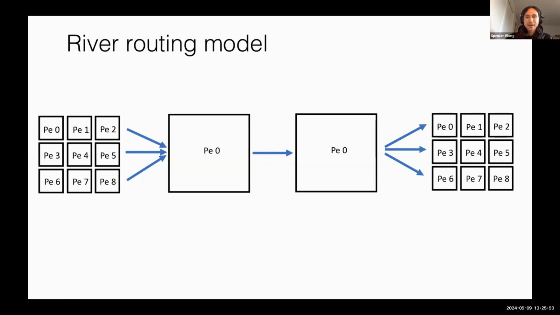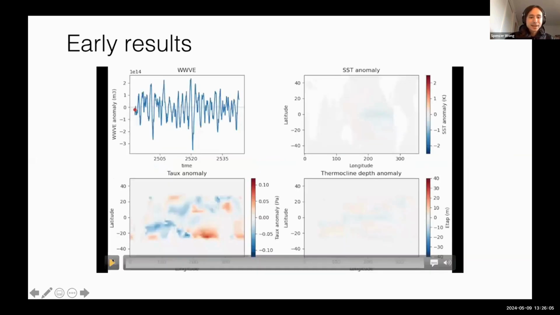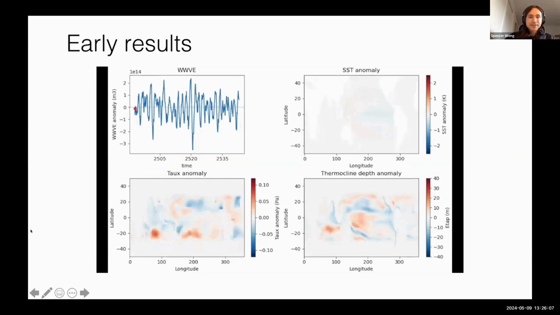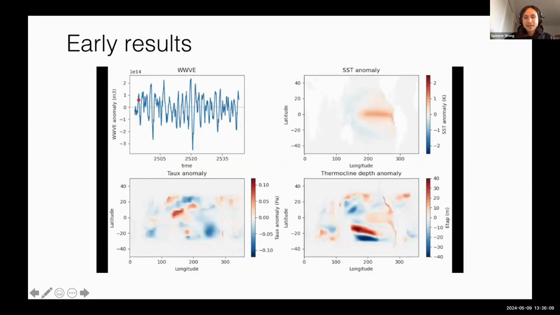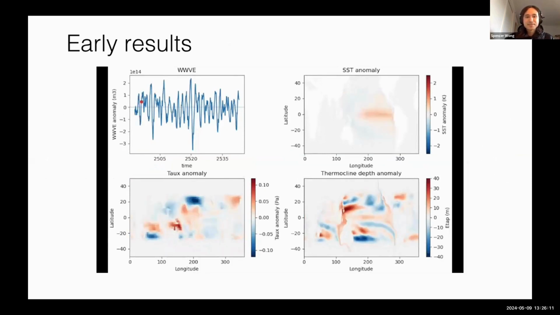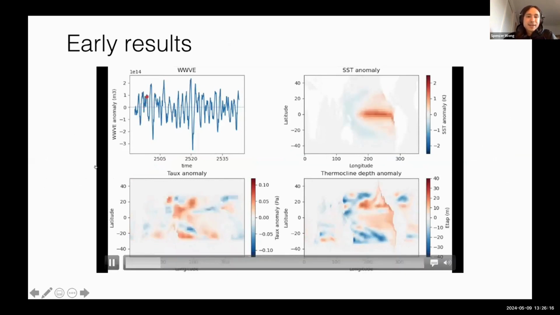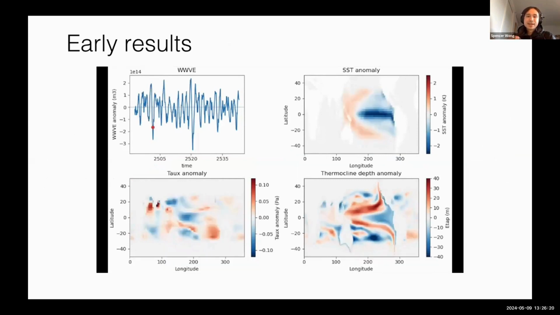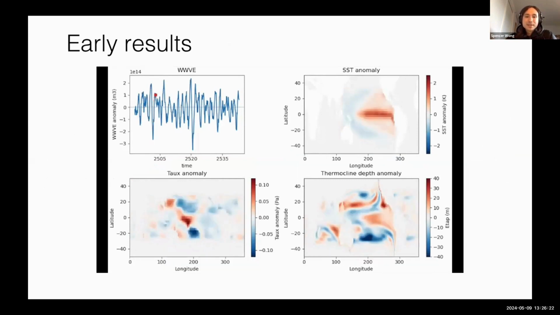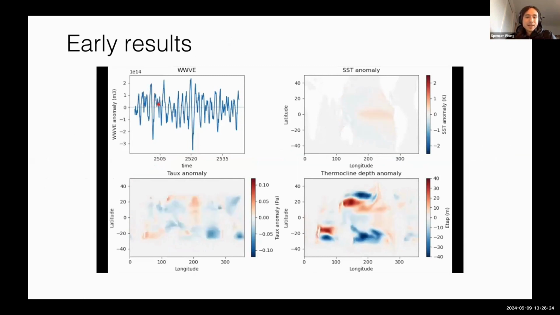So I guess we've run a few different experiments, just seeing how it goes, and I'll briefly run through a little bit of output from some of those experiments. First, I've just got a little animation of the model running. On the top left, we've got the eastern warm water volume anomaly, which is used to modulate the sea surface temperature pattern on the top right.